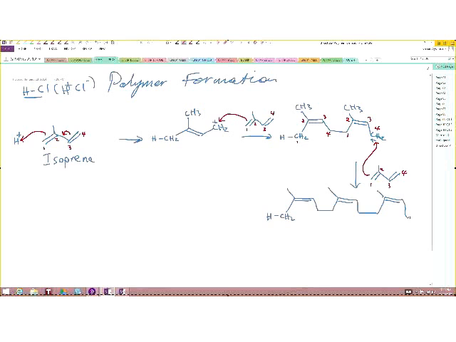At the end, let us imagine that this chloride here simply comes in to attach itself to here to stop the process.